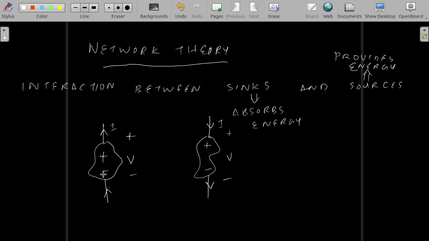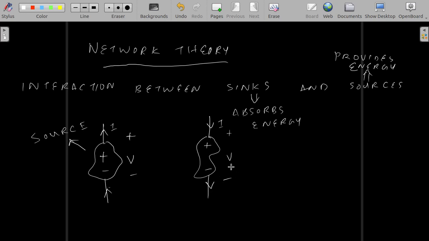As a rule of thumb, once you identify all the potentials and currents of a network, if the current is leaving from the positive terminal or the higher potential, this will be a source.